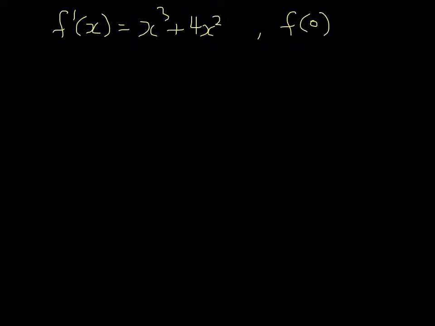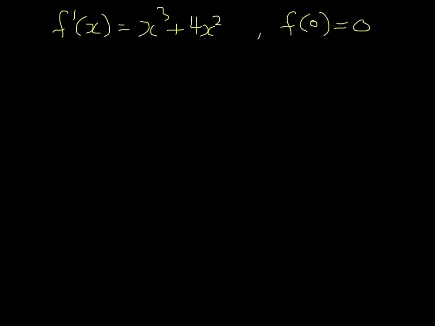What we need to do is be given a point that it's passing through. So we might be told, for example, that we have a derivative which is equal to x cubed plus 4x squared, and we might be told that when x is equal to 0, the function of x is equal to 0.